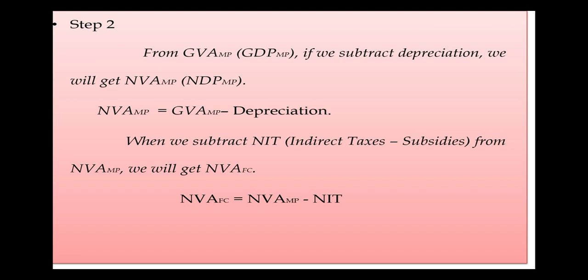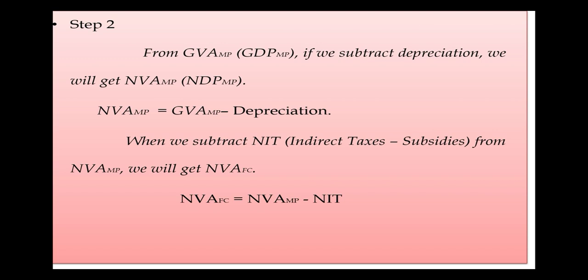And if we subtract the NIT, net indirect taxes, from net value added at market price, it will become the net value added at factor cost. So this net value added at factor cost is also known as national income with value added method.